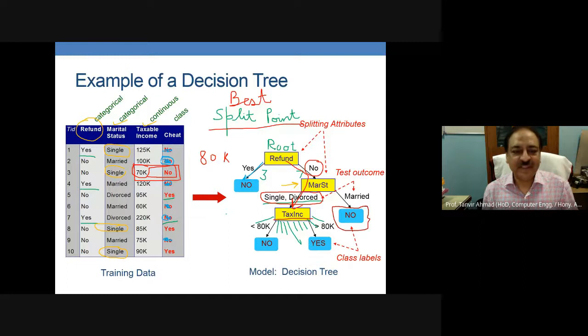Now कितने बचे? Only 3 records. That means whose refund is no and whose marital status is either single or divorced. Therefore इसमें कौन बचा? ये बचा 1, this 2 and this 3.